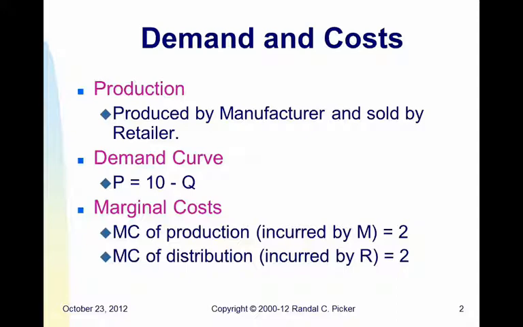So we have a monopoly in manufacturing and we have a monopoly in retail, but they're owned by different people. And so rather than being operated as one giant monopoly, they're operated as two separate complementary monopolies. And so the question is how does that analysis change?